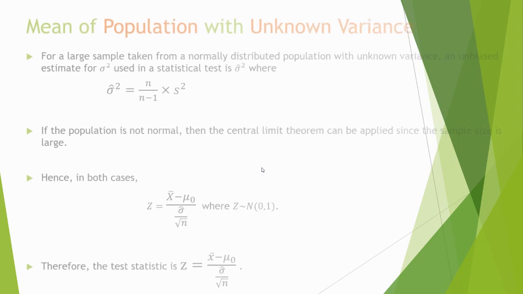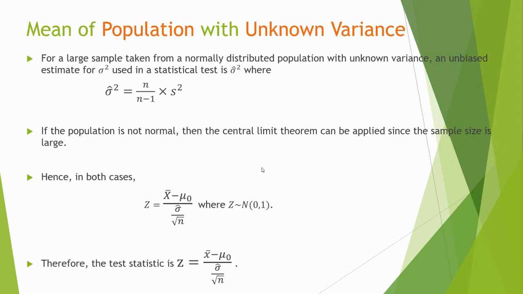Move on: mean of a population with unknown variance. Just now it was a normal population with known variance, and then a non-normal population with known variance. But this one has unknown variance. It is the same, but with a slightly different formula.